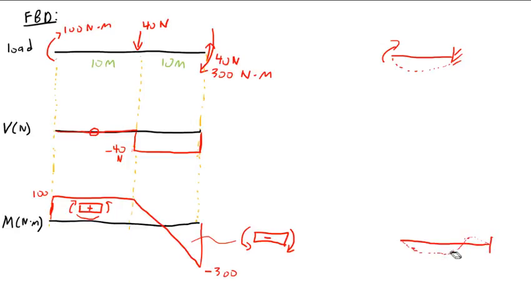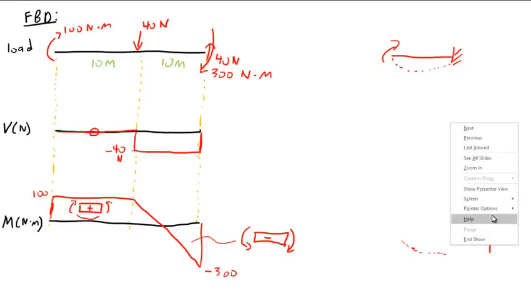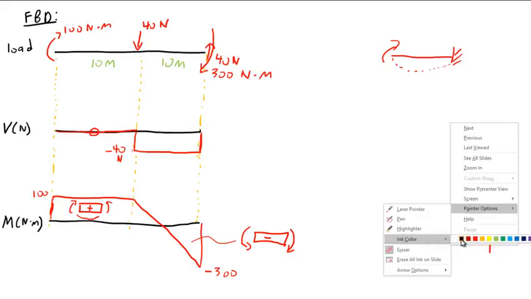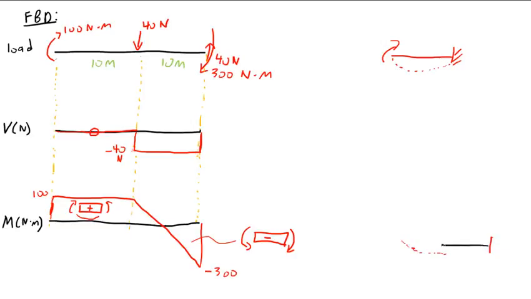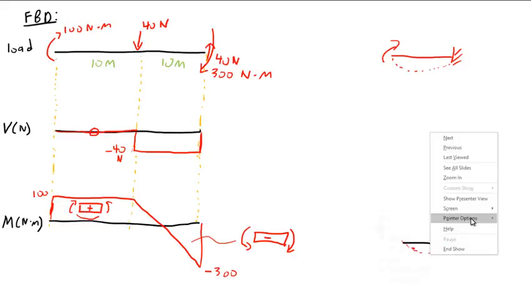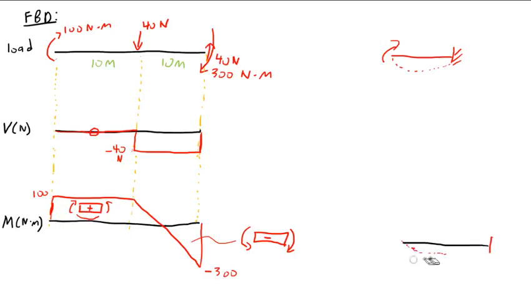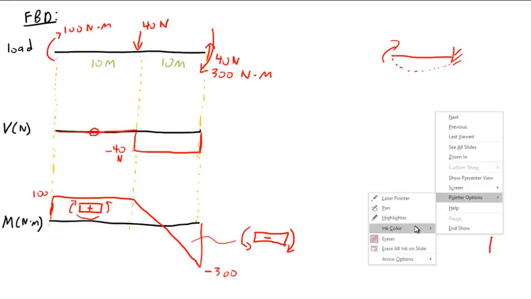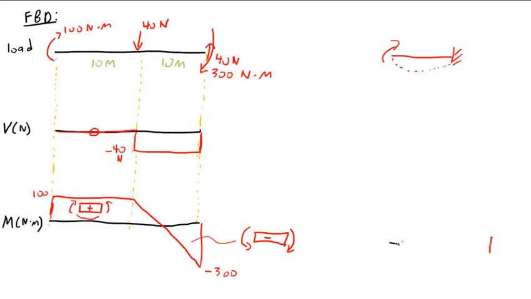Probably more like something like this. The deflected shape is going to look something like, well, it's going to be positive here, then probably switch up like that, and come back in like that.